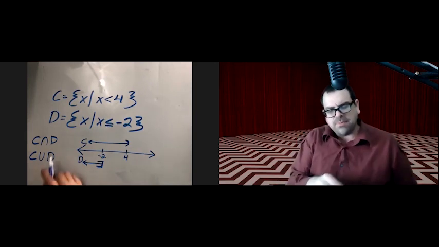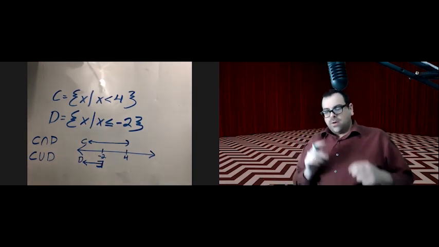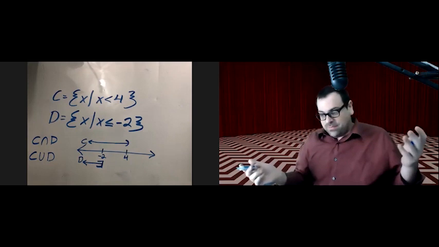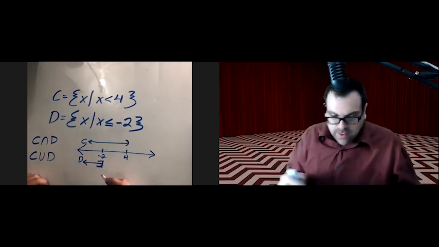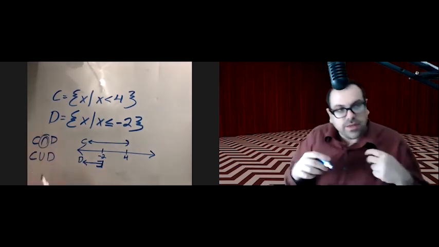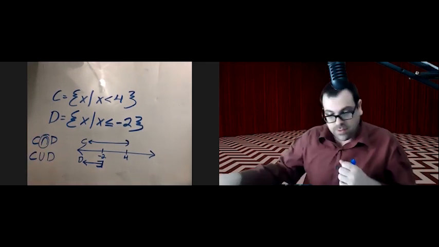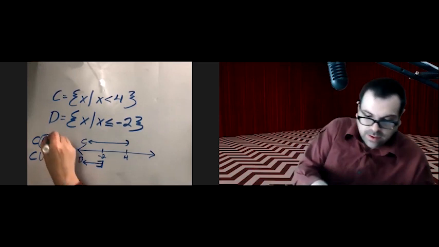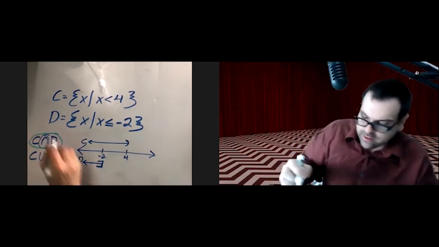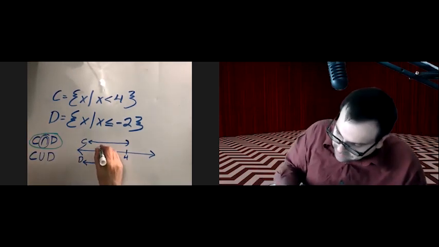So which of these is going to be easiest? Well, they're both pretty easy. The intersection is the overlap. Where do they overlap? I'm going to do this one in green. They overlap right here.